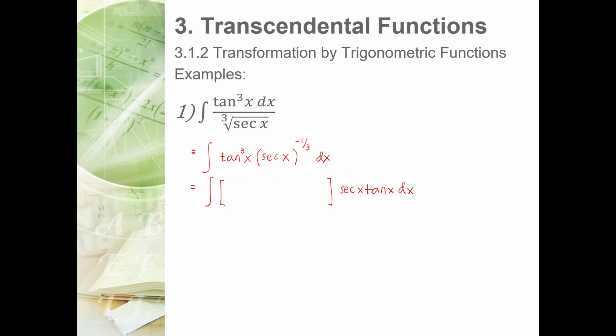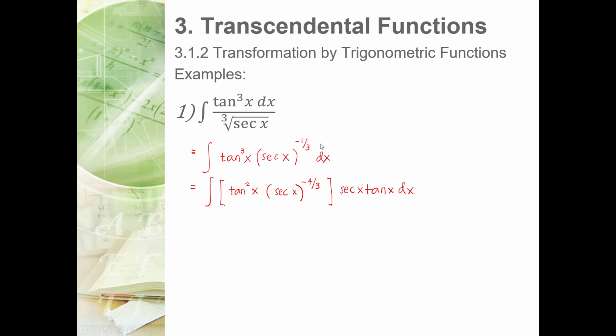Since we got one tangent outside the equation, instead of cubed, this becomes tangent squared x. Now our problem is the secant x. Since we got one secant x out, it's negative 1/3 minus 1, this will be negative 4/3.